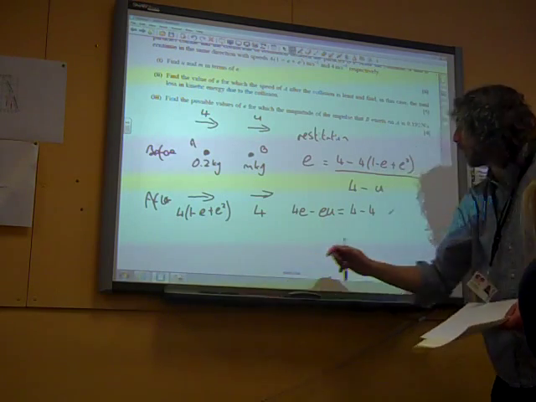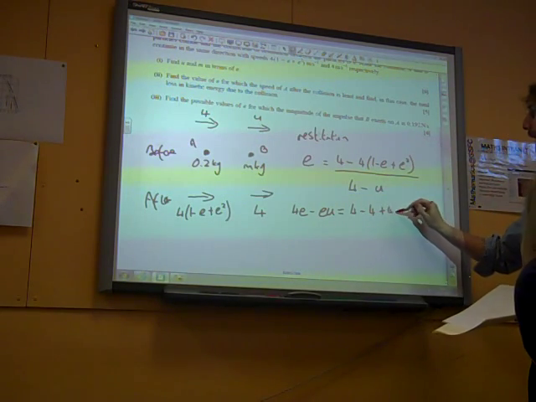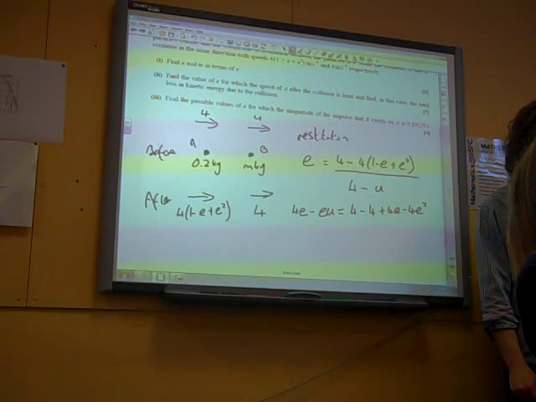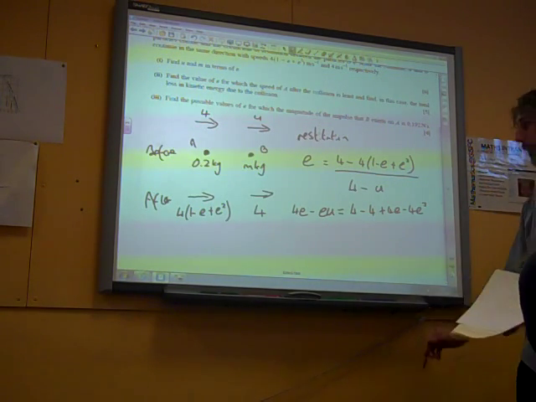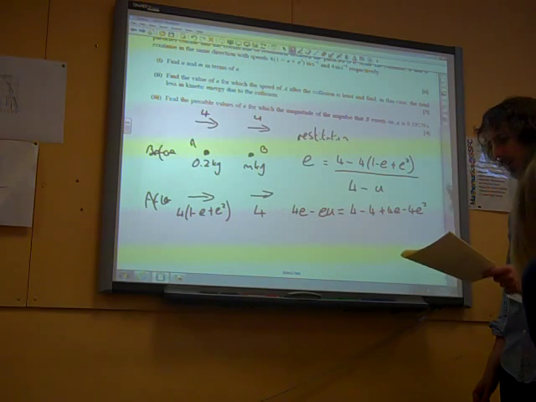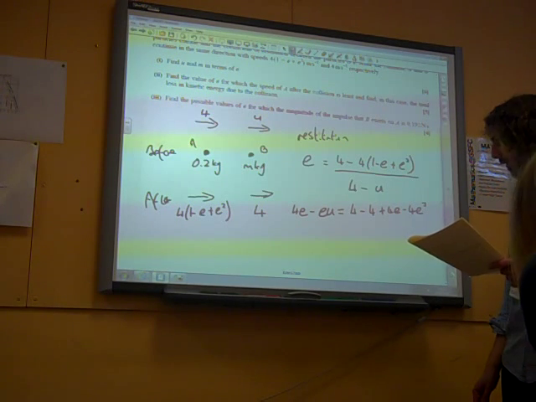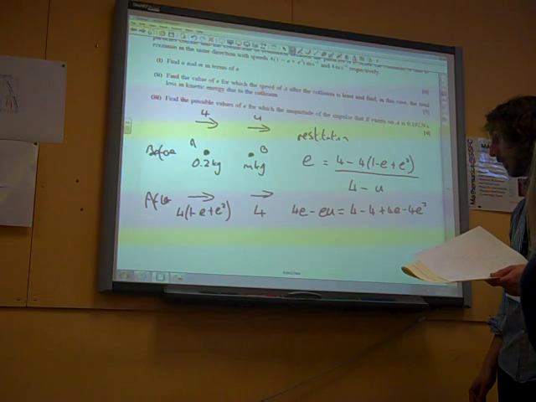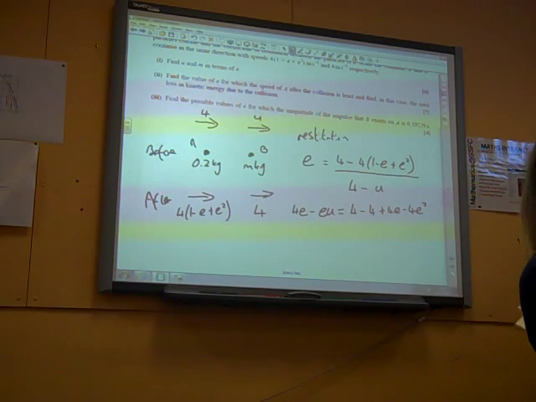Yes, let's. 4 minus 4 plus 4e minus 4e². My 4 minus 4 conveniently disappears. I like factorising things. What do I want to find out? I want to find out u. Right. Let's see if we can get that on its own.